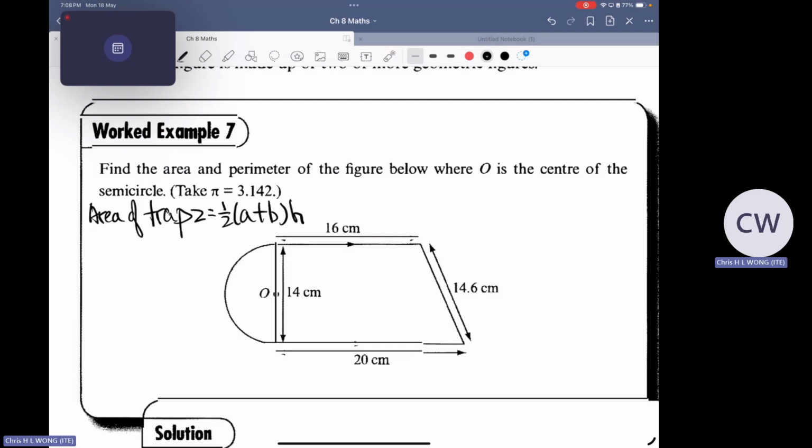Okay. What is A? Yeah, on top, right? Half, I'll take 16 plus what? What is B? 20. Yeah, correct. What is H? 14.